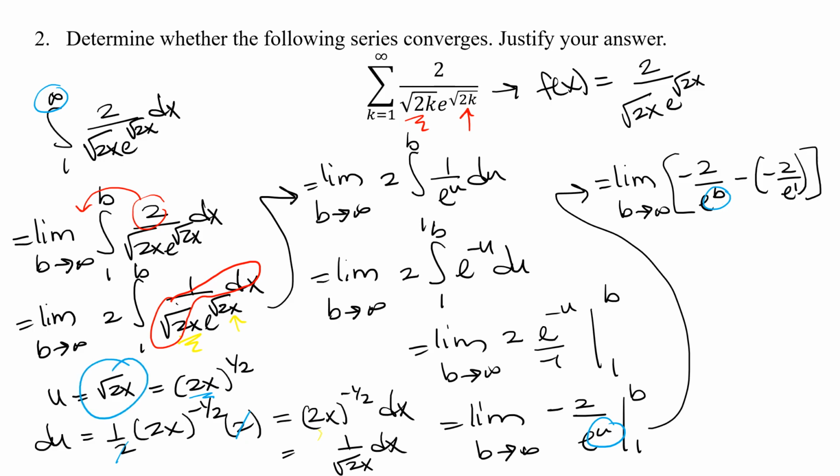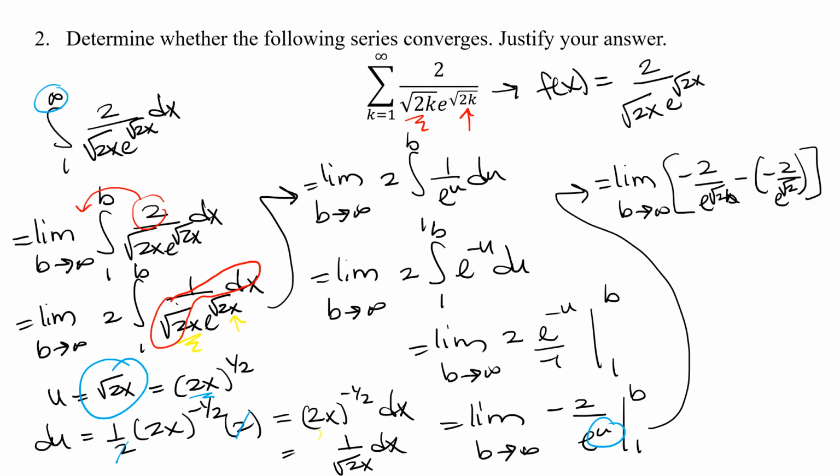Remember we said u was the square root of 2x. So here we should really say the square root of 2x with the b plugged in, and here the square root of 2 with the 1 plugged in place of the x.